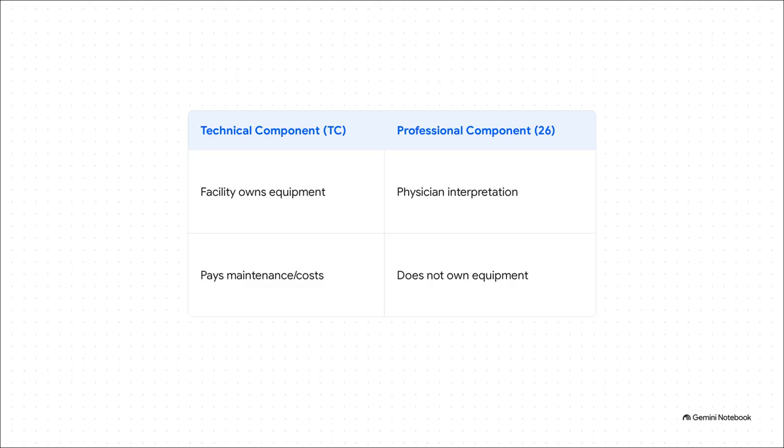The facility that physically owns the X-ray machine, pays for its maintenance, and covers the technologist's overhead, they bill the technical component using the TC modifier. But the physician, the one who sits down, reads the film, interprets the results, and writes up the report, they bill for their expertise using the professional component, or modifier 26. This basically tells the payer, hey, I did the medical interpretation, but I don't actually own the equipment.